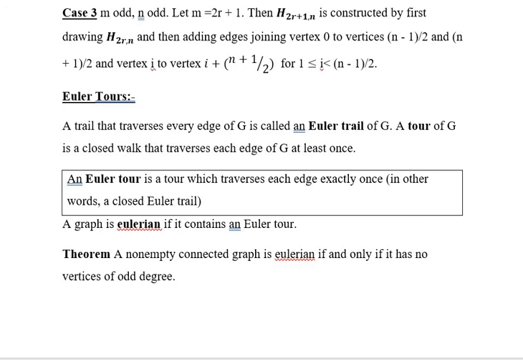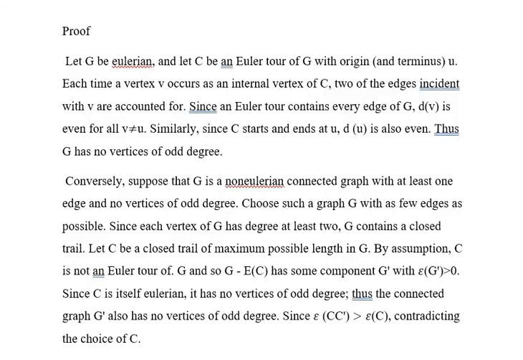Next is a theorem. A non-empty connected graph is Eulerian if and only if it has no vertices of odd degree. In the proof, first let G be Eulerian and let C be an Euler tour of G with the origin and terminus U. Each time a vertex V occurs as an internal vertex of C, two of the edges incident with V are accounted for.